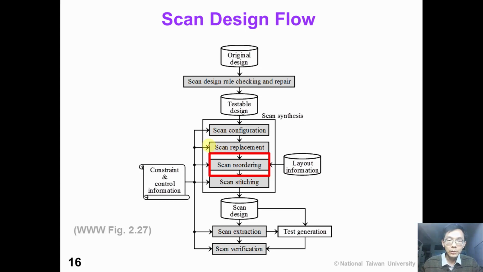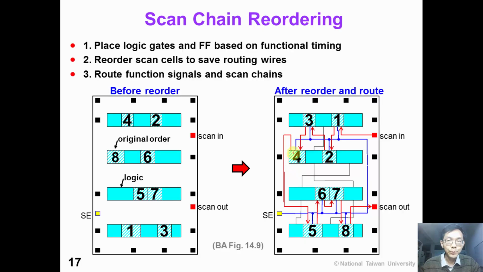Okay, now suppose we have replaced all the flip-flops with scan flip-flops. Now we can start to reorder the scan cells based on the layout information. Currently, the EDA flow is like this. We will first place the logic gates and the flip-flops based on the functional timing requirement.